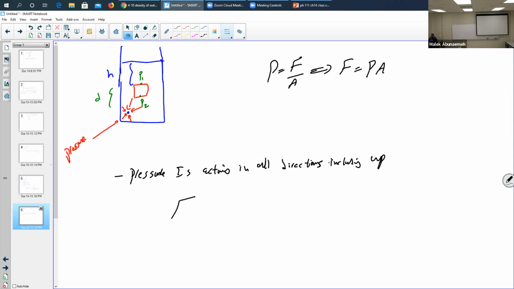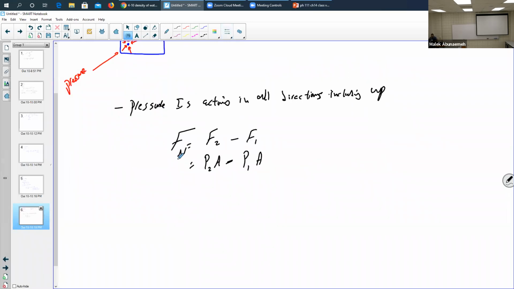So your net force is going to be your F2 minus F1. Your F2 is going to be your pressure 2 multiplied by the area of that object, minus your pressure 1 multiplied by the area of that object. Which, if you factor the area out, you're going to have your P2 minus P1.